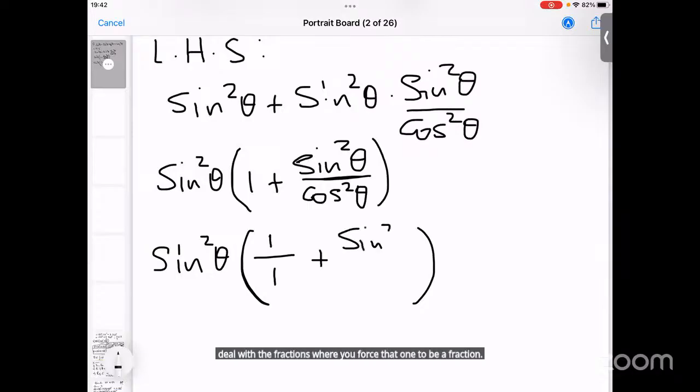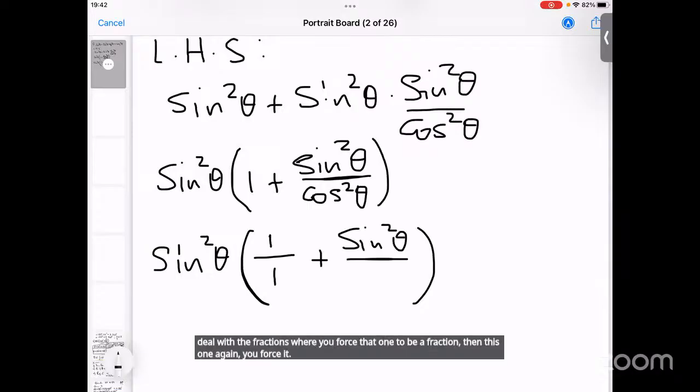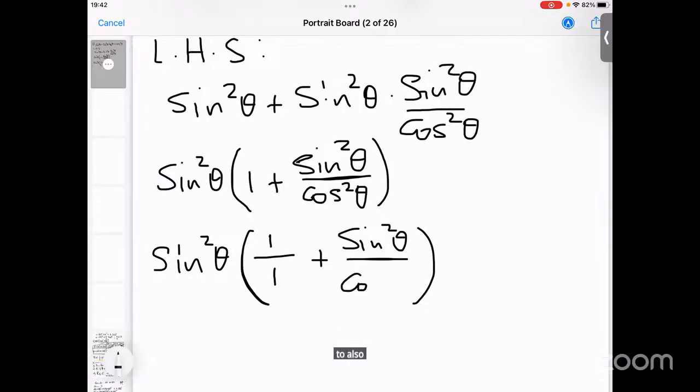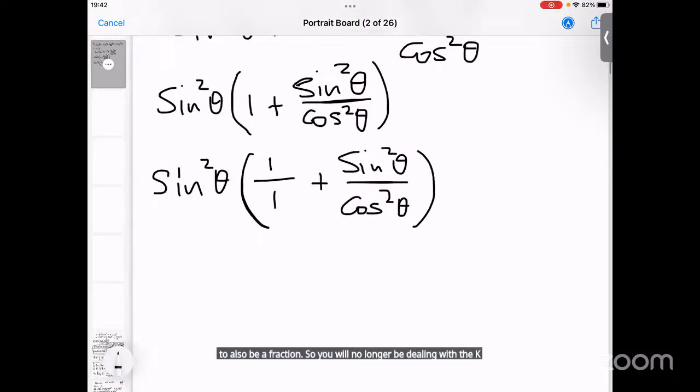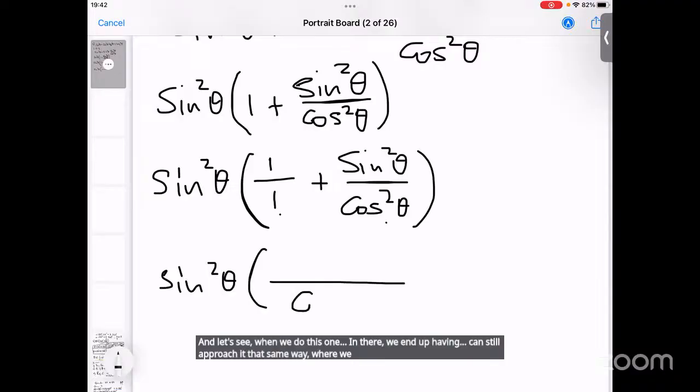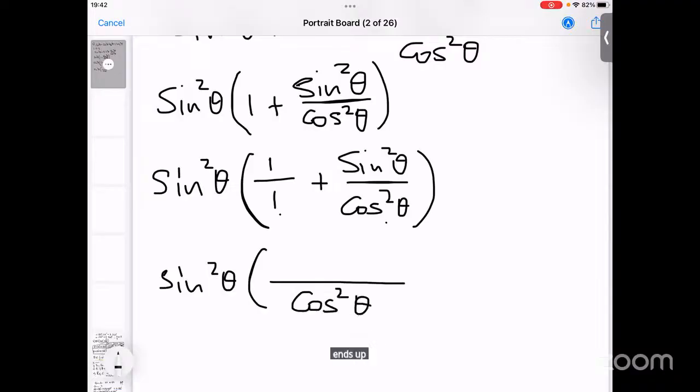Then this one again, you force it to also be a fraction. So you will no longer be dealing with the k, the p, the j, and all of that, but it will now be in a form of a fraction. Let's see, when we do this one, in there, we end up having, can still approach it that same way where we say that and that ends up being a cos squared of an angle.